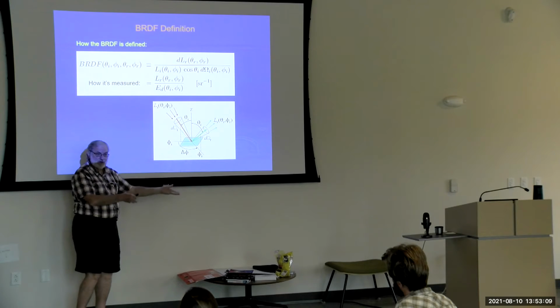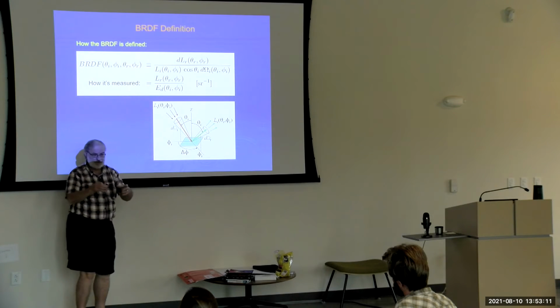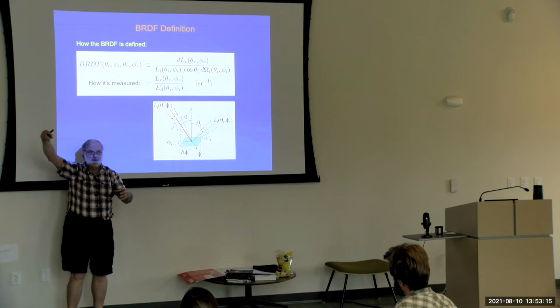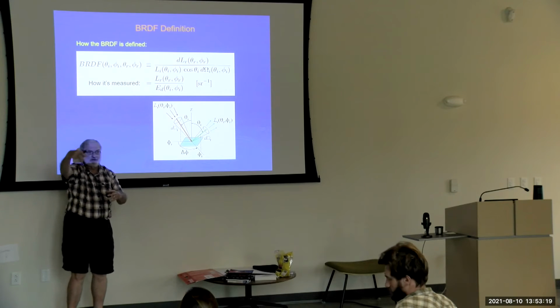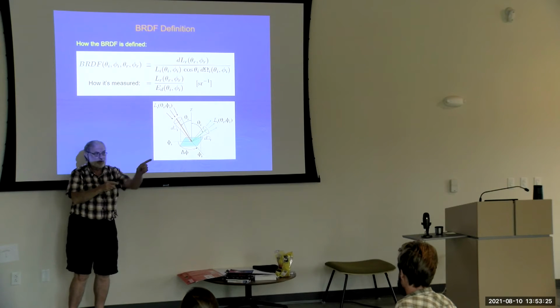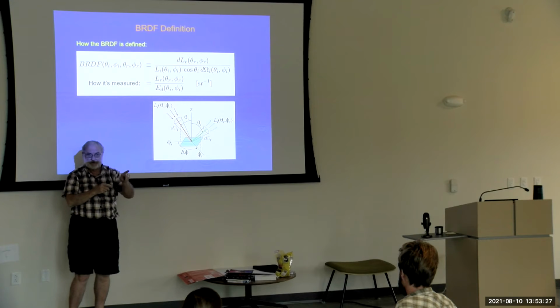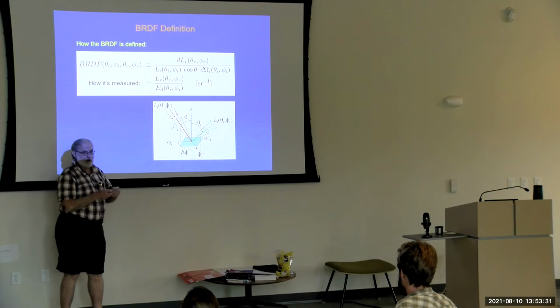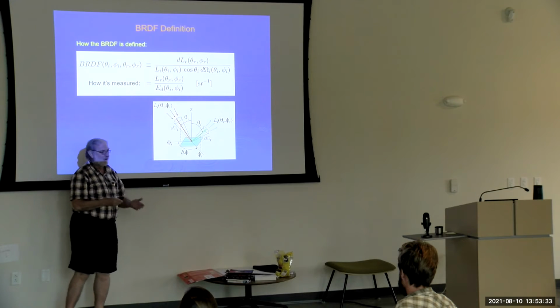So to really measure the BRDF, you have to set up an experiment where you have your surface here and a light source, and you move the light source to all different directions, and for each one you measure E_d, and then for each incident direction, you have to measure how much radiance is reflected into all other directions. So it gets to be a major undertaking, and that's why it's almost never measured in the field.